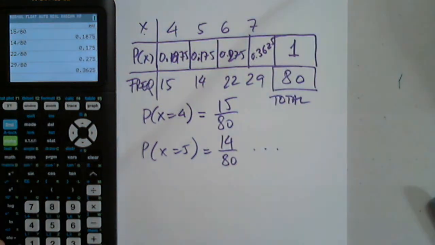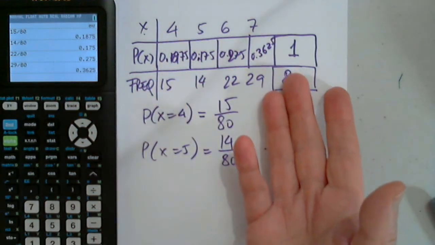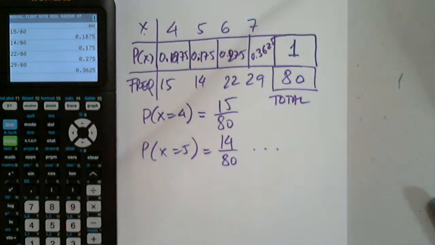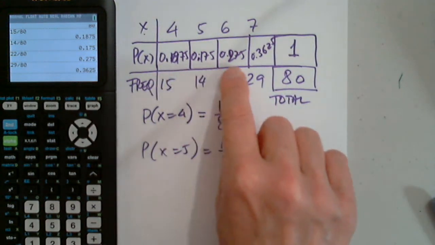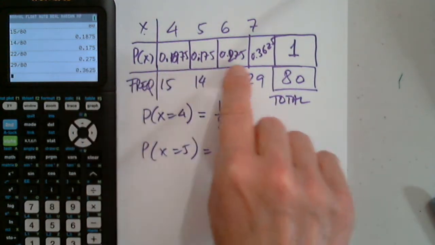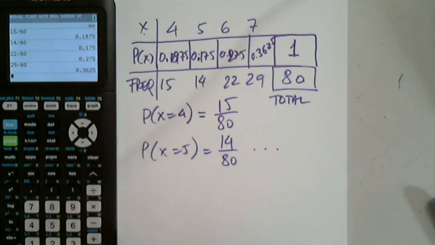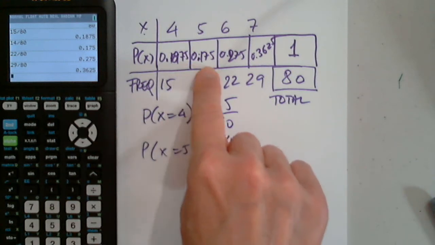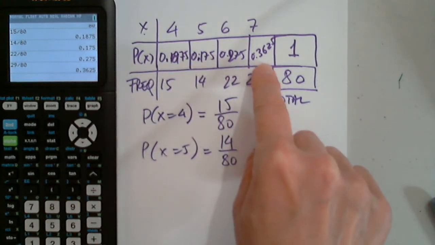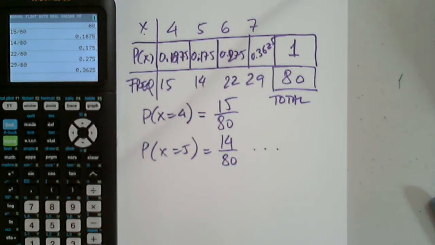I have no doubt that they add up to 1, unless you want to check. There is no way, unless I copied something incorrectly. Otherwise, they have to add up to 1. There is no rounding of any kind. So 0.1875, 0.175, 0.275, 0.3625. Okay, perfect. So I'm going to enter those values.